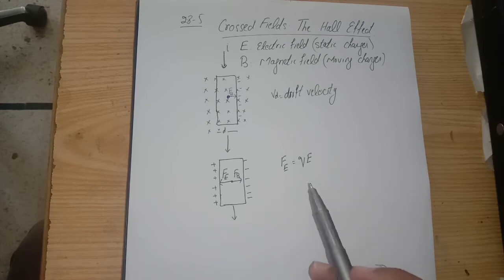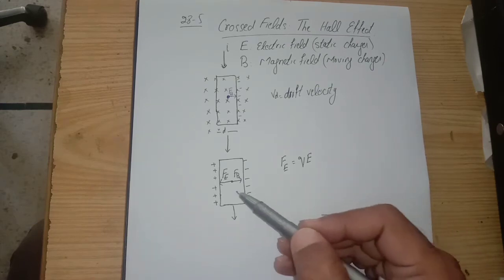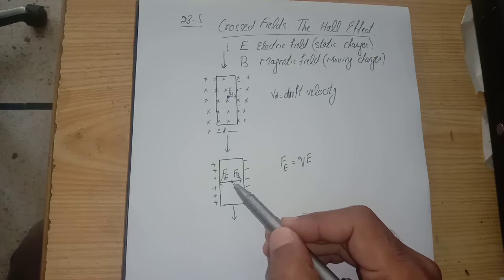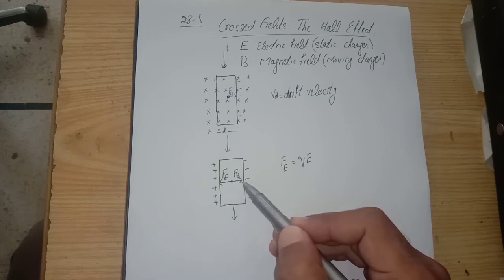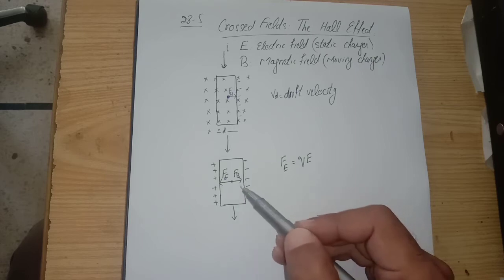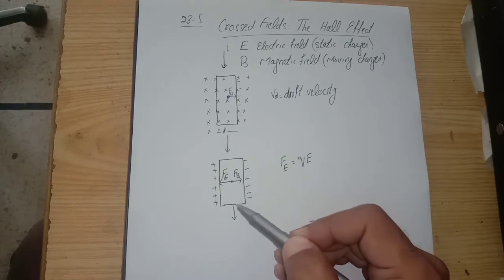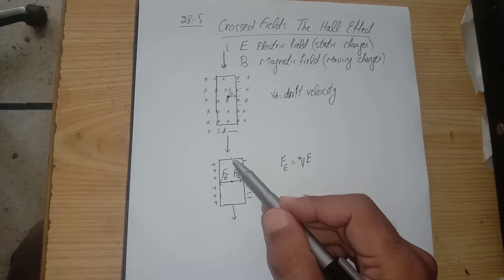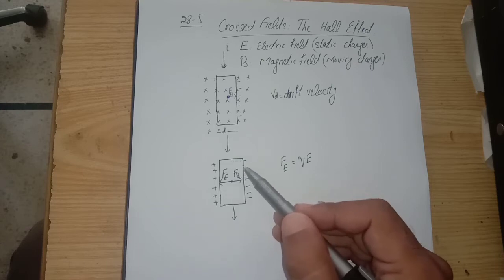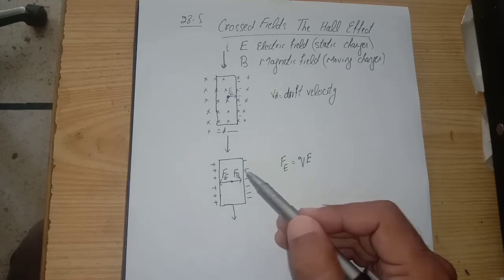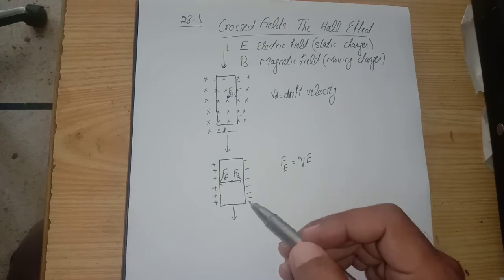When this equilibrium happens, the electrons will not deflect towards the right end of the strip, and they will move from bottom to top without moving towards the right edge of the strip with velocity V_d.